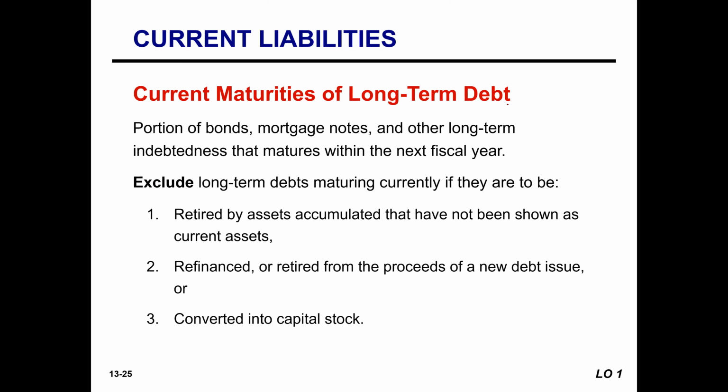Basically, if we're not going to use our current assets to pay them off, if we're taking out a new loan to pay it off, or if we're converting the debt to stock instead, we would exclude them from current liabilities.